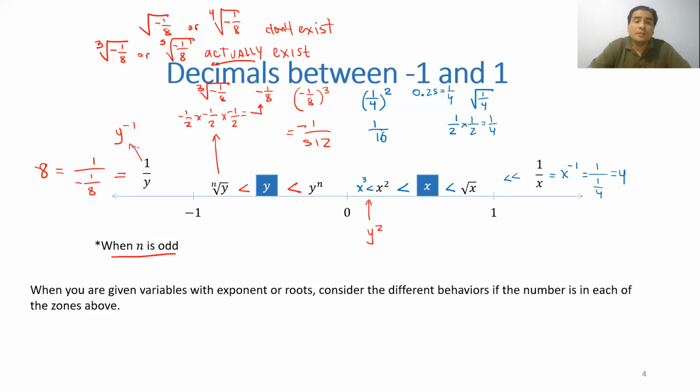It's the same, right? So powers with negative exponents will be much more negative than the original negative decimal. So remember this order and the way exponents and roots for negative and positive decimals behave, okay?